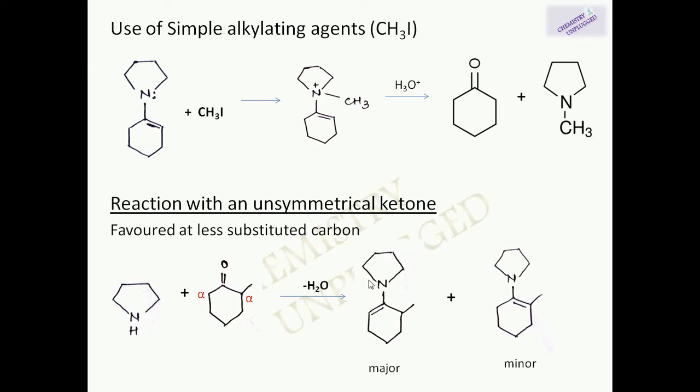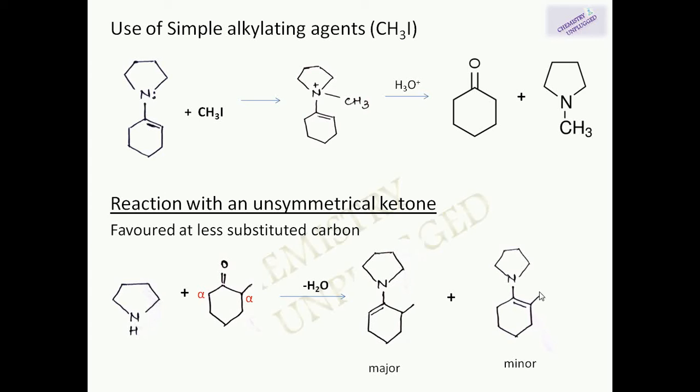This reaction is favored at the less substituted carbon because the enamine formed is stabilized by the interaction of these pi electrons and the lone pair of electrons present on this nitrogen atom, and they should be in one plane for the interaction. And if there is no bulky group present, they are in the same plane.